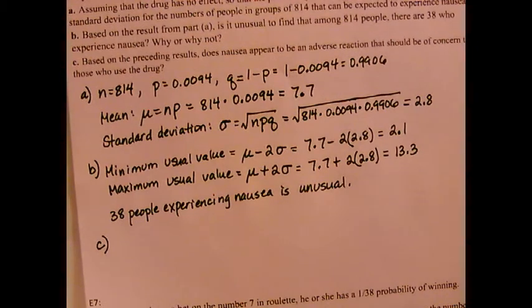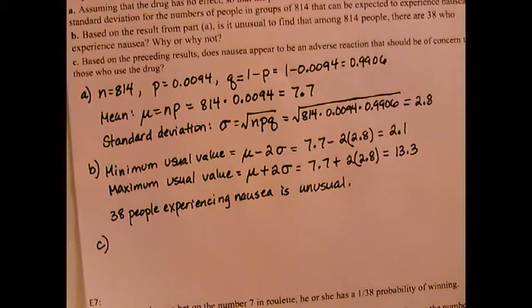Now part C. Based on the preceding results, does nausea appear to be an adverse reaction that should be of concern to those who use the drug? And the nausea rate, although it's quite low, it does appear to be an adverse reaction.